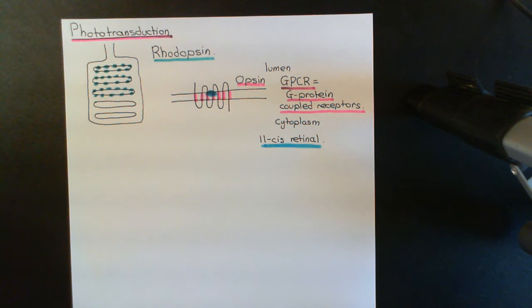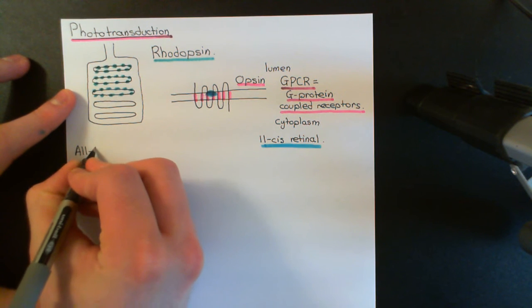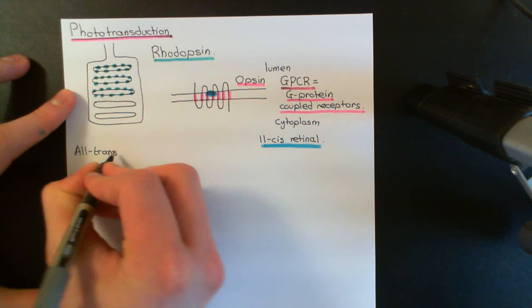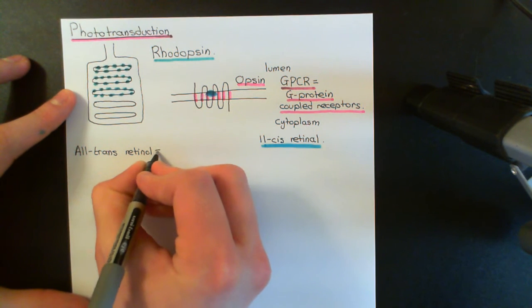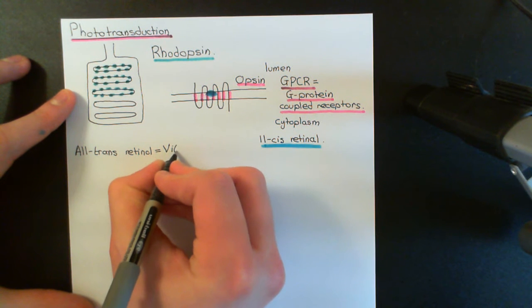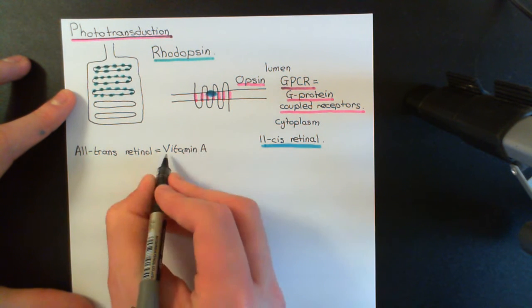So I want to draw out the structure of 11-cis retinal, and before we do that, I firstly want to show you the structure of all-trans retinal, and to do that I would like to show you the structure of all-trans retinol. Now, all-trans retinol is actually a very famous molecule. This is usually what people mean when they say vitamin A. There is a little bit of discrepancy there.